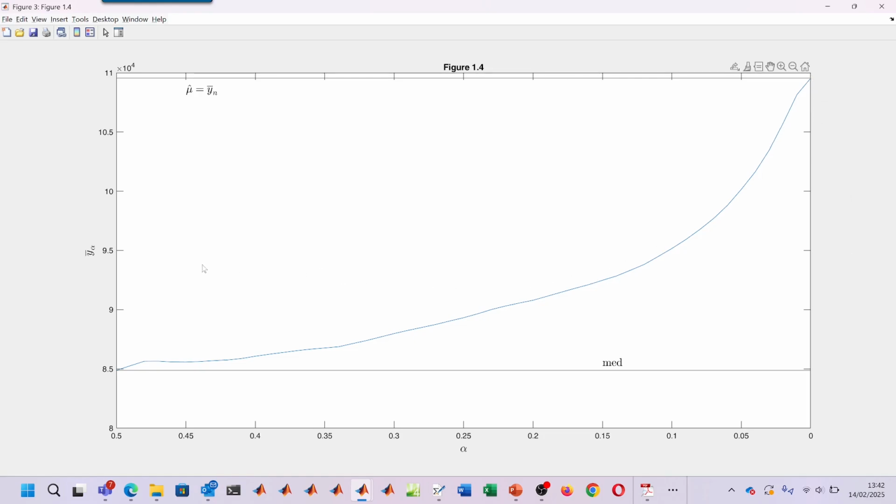Which is the best proportion of alpha? You can see that there is a sort of monotonic behavior, that is, your trimmed mean increases as alpha decreases. So there is no way to say that 0.3 is better than 0.2 or is better than 0.4.